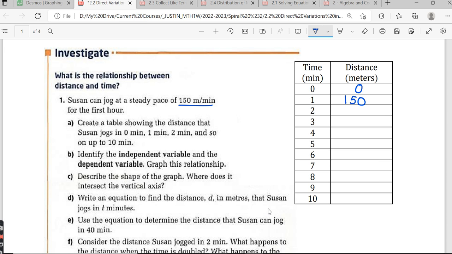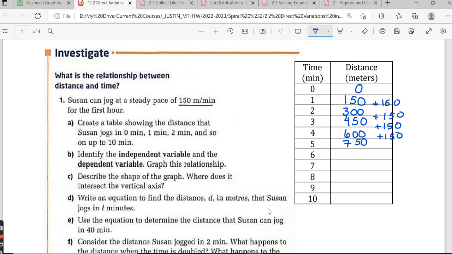After 2 minutes, it's 300 because we're traveling another 150 meters. In 3 minutes, it's 450 because again, we're adding another 150. So by now, I'm sure you're well aware of the pattern: for every minute traveled, we're adding another 150 meters, right? And so forth. Let's just add one more. 750. Okay.